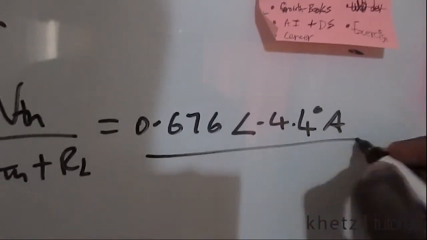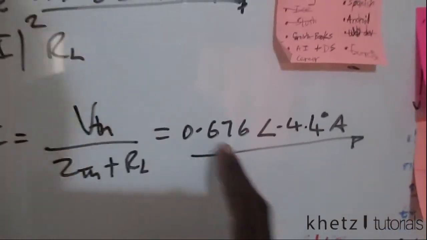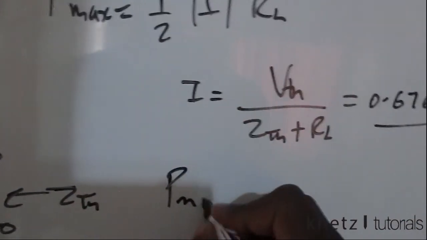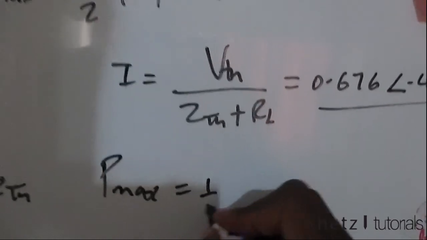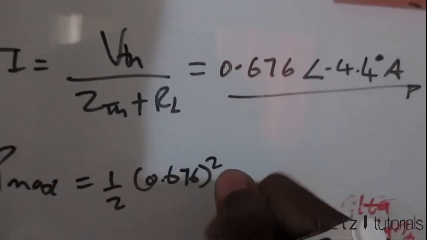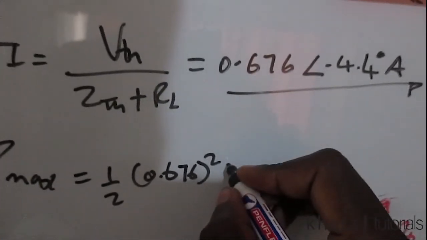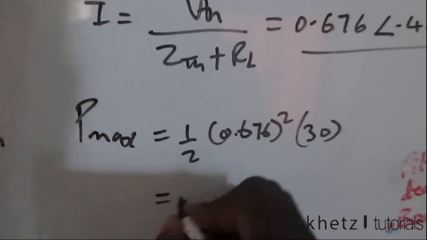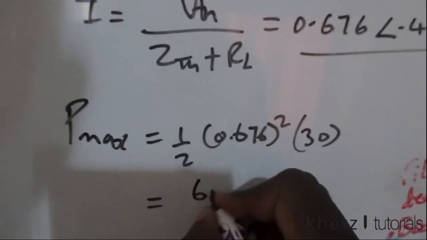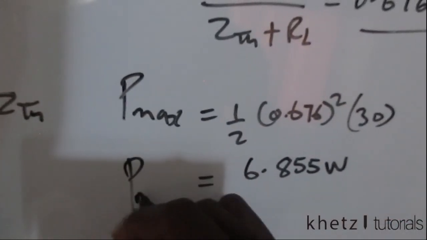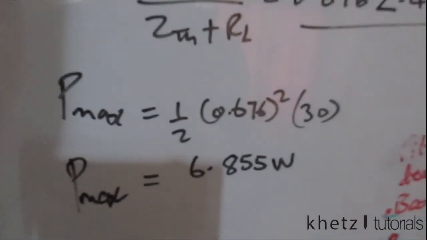Now we take the magnitude squared, and then multiply that by RL, which we said to be 30, to find the maximum average power. This should give you a value of 6.855 watts, which is your expected maximum average power.